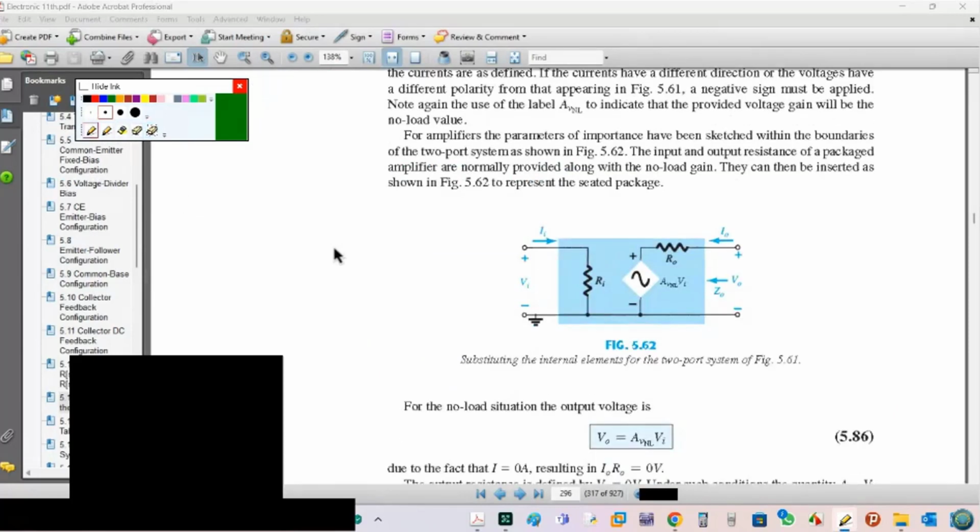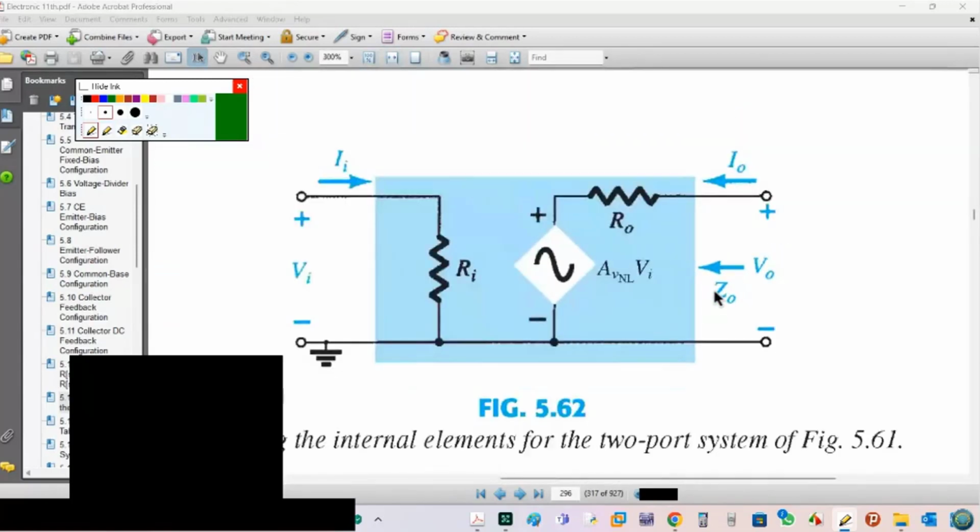For this system, we can consider this approach or model, for example. Let's see this model. We have RI as input, and we have this dependent voltage source, AV no load VI.